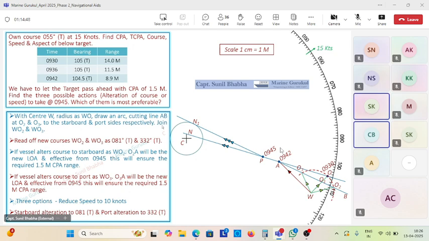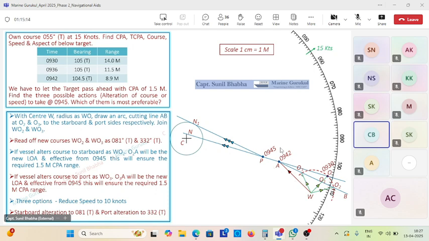Any doubts coming in, beta? So for a moment, if we assume that the port alteration was lesser than the starboard alteration, then we could have gone with that. Yeah, you could have gone with that if the alteration was lesser. But one more thing which you need to keep in mind is also the time for which you have to alter your course. So how can you find out what is the time for which alteration is required?